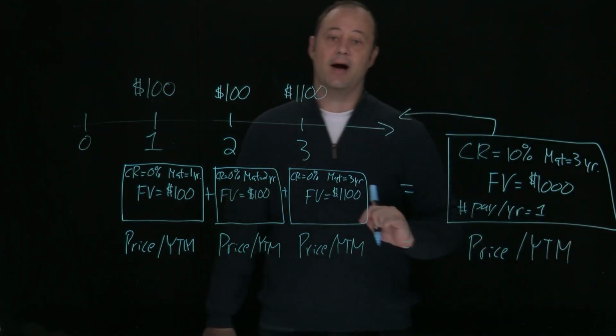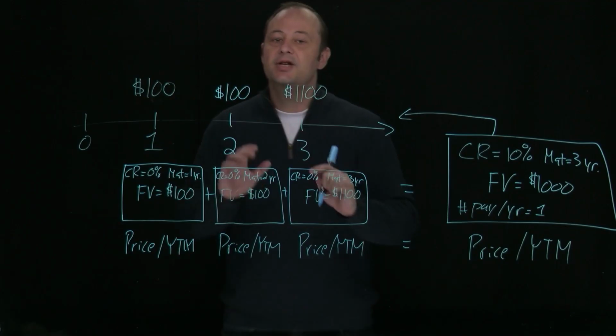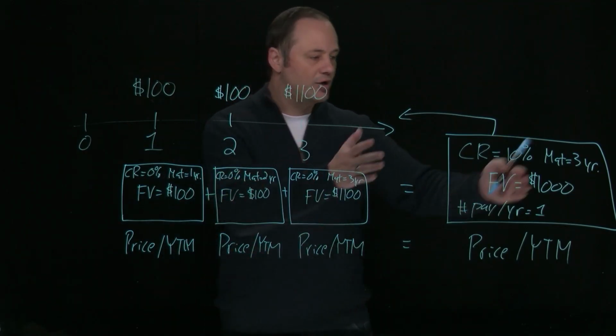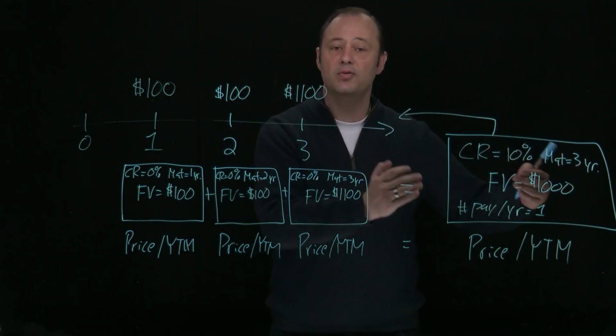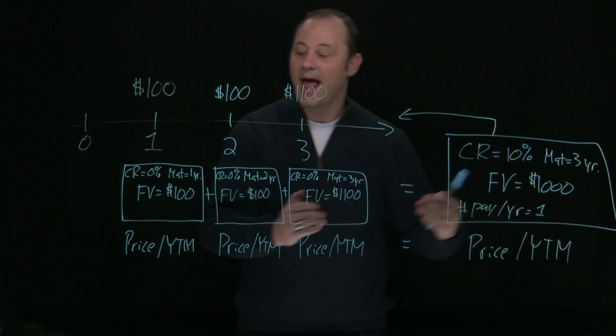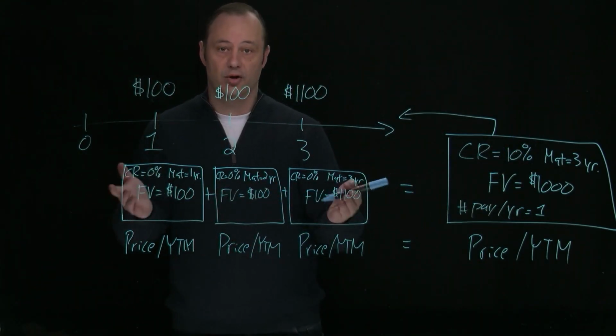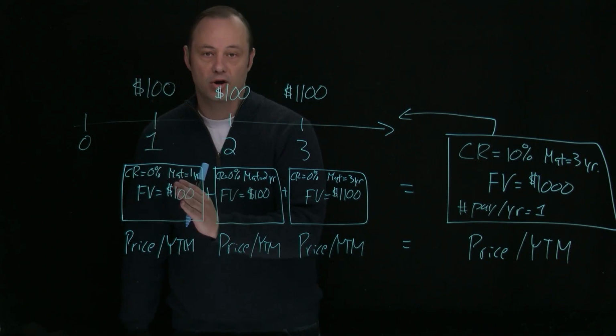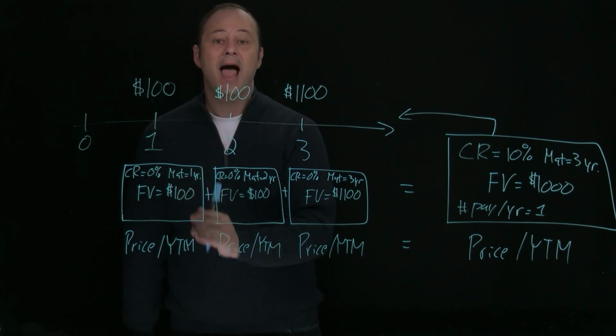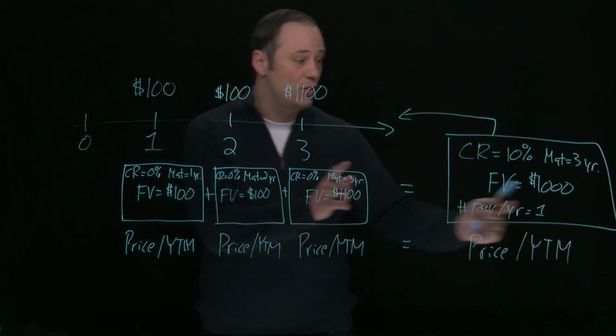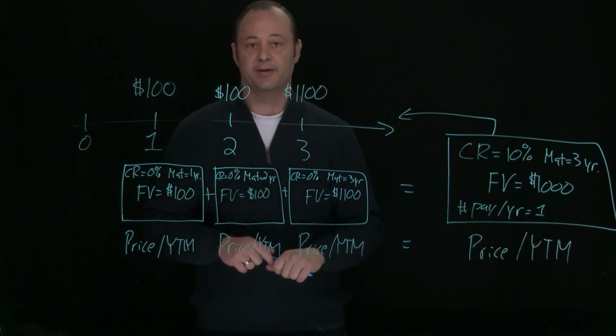We can figure it out, okay? So this is a useful decomposition. A coupon bond can be decomposed, or thought of, as a series of zero coupon bonds, where the zero coupon bonds have maturities at precisely the dates of coupon payments of the coupon bond.